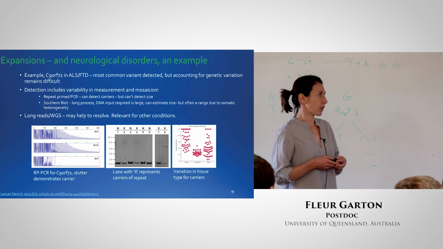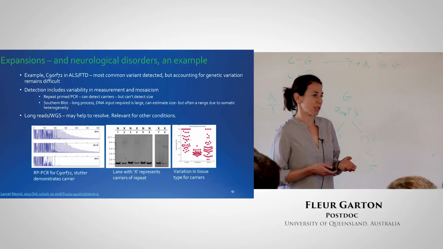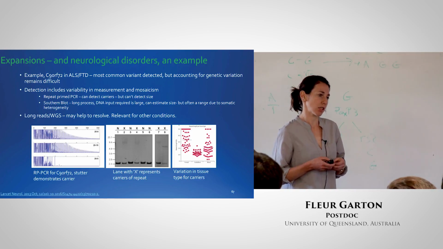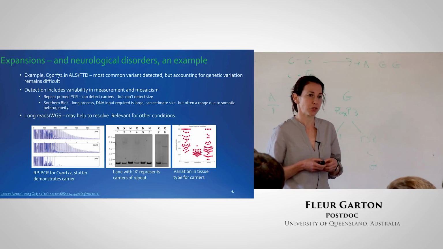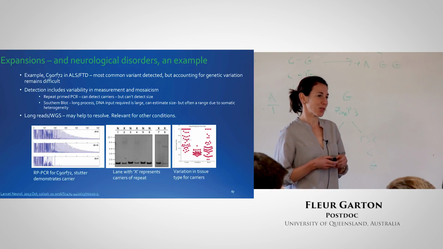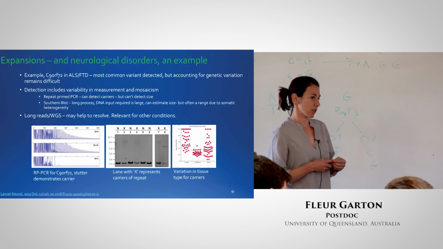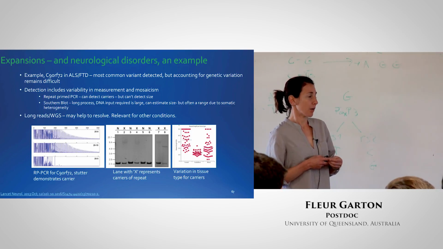So I wanted to talk about expansions because it's an example of how the sequencing technologies don't necessarily do a good job, and still we're not very good at detecting the size of these variants.